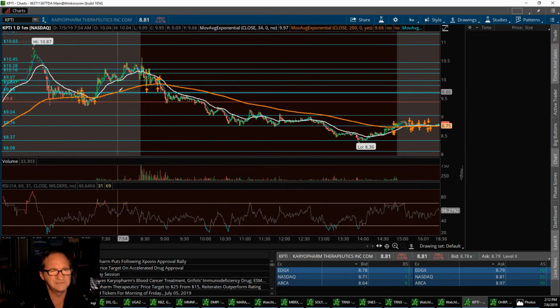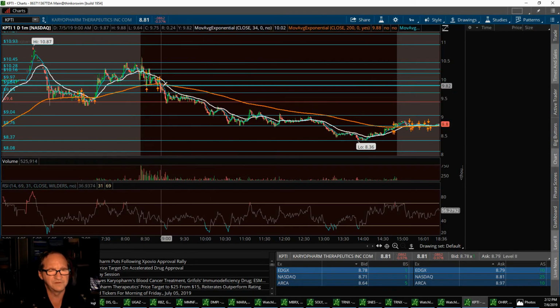And when I'm seeing these averages, like right here, it's pretty respectful. You have the 200 on the bottom, you have the 34 and the 9. But then when the 9 crossed down below the 200, same as the 34, you've got a lot of disrespect right there. It tried to respect it a couple of times, just couldn't do it. I like to see these two moving averages above the 200 to be bullish.